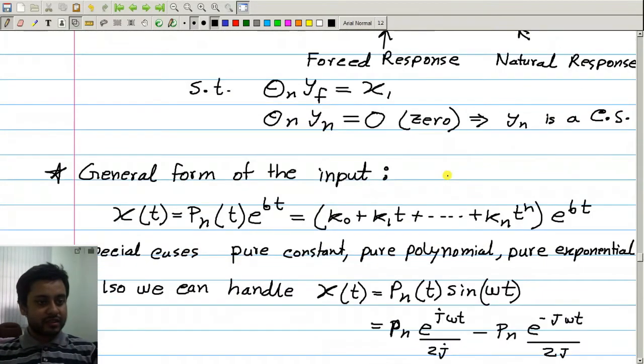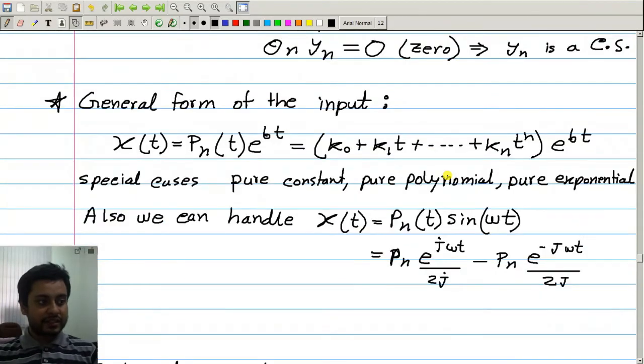Next, we have learned that we will use a general form of the input for all our purpose, which is like this: x is a polynomial multiplied by an exponential of time. This polynomial looks like k0 plus k1t plus up to kn t^n, whole multiplied by e to the power bt.